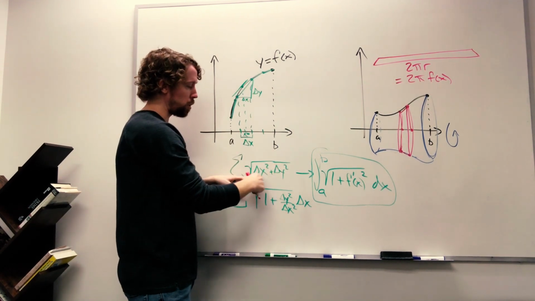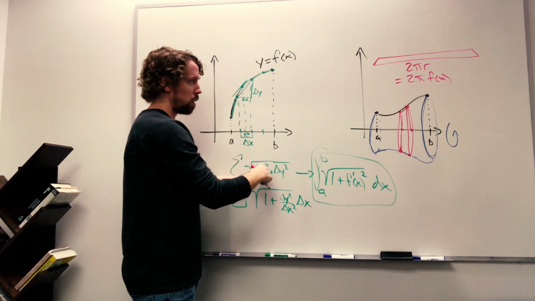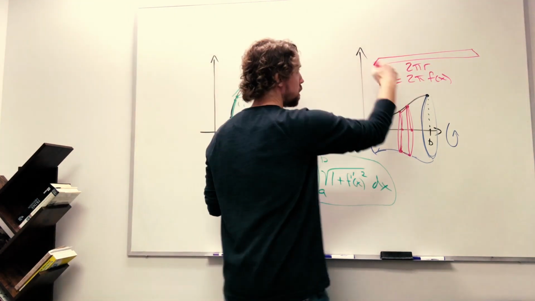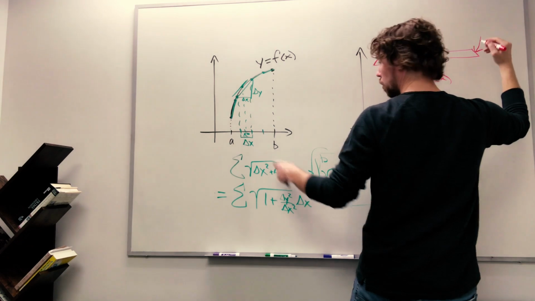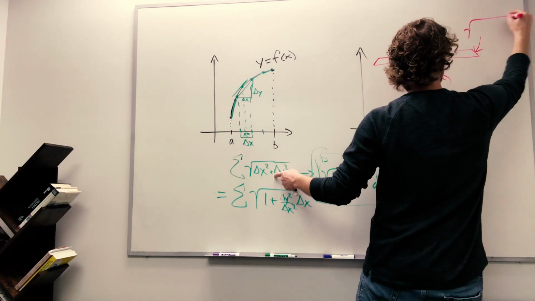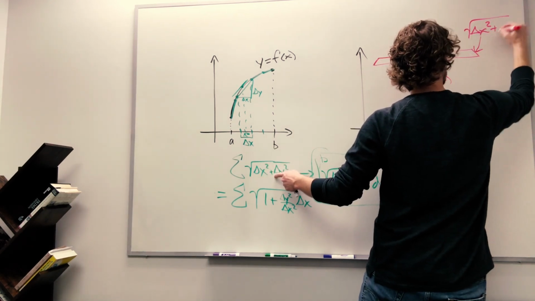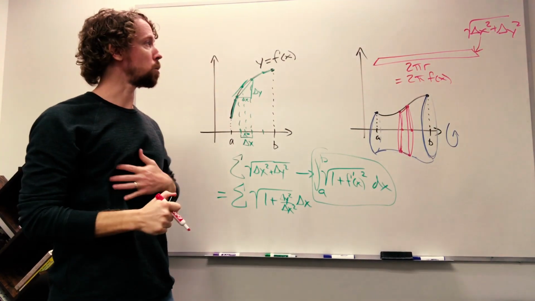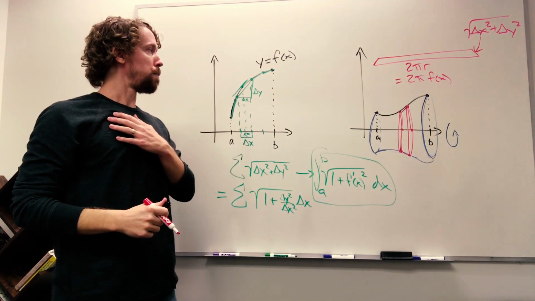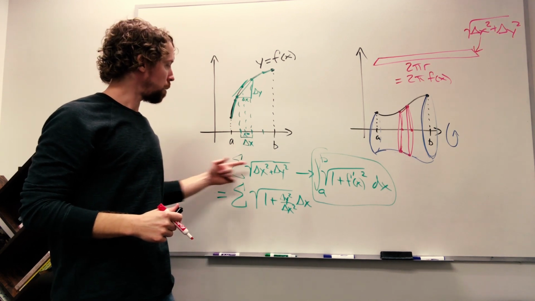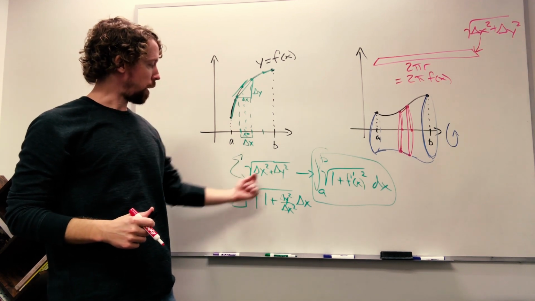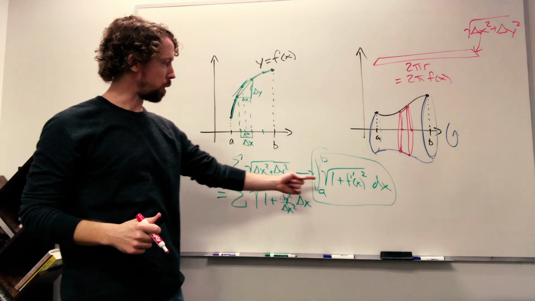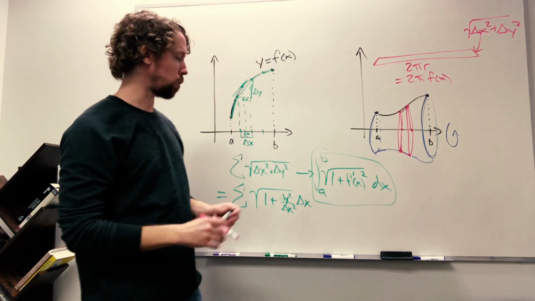So in the approximation, this length would be that square root of delta x squared plus delta y squared. And then when you take the limit, again, you'll do the factoring out, take the limit, and you'll get the square root of 1 plus f prime of x squared.